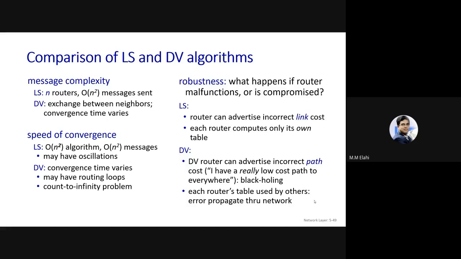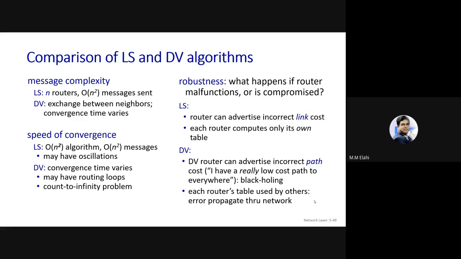So if a router is malfunctioning, link costs can be sent wrong, not the path cost, not the entire cost from one node to the destination. But in case of distance vector, the neighbors send the distance to a particular node from that node. For example, D, C to Y. So that means it's a path cost, not a link cost. So in case of distance vector, the path cost can be wrongly sent, and then the receiving router will work on that wrong value.